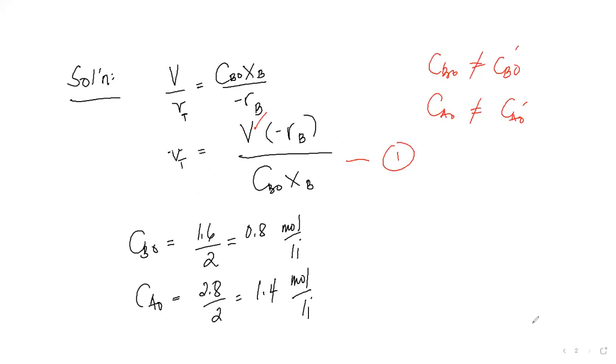Now, if we will use, so C sub R, if we will use all 0.8 moles of B per liter and you use the stoichiometric equation that is provided.